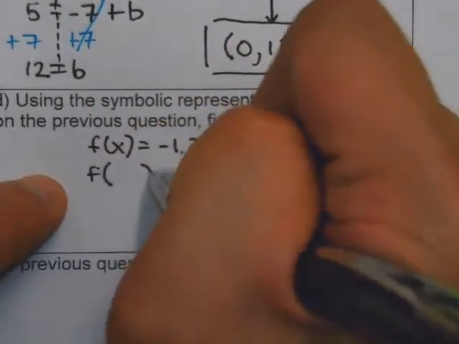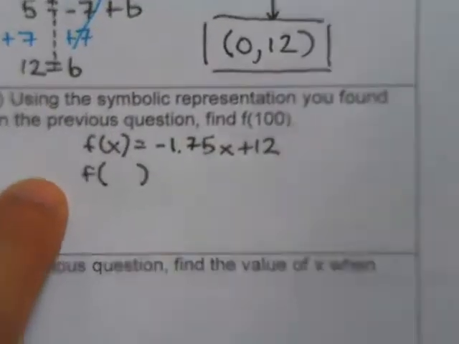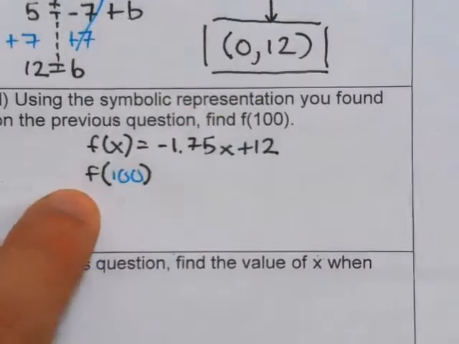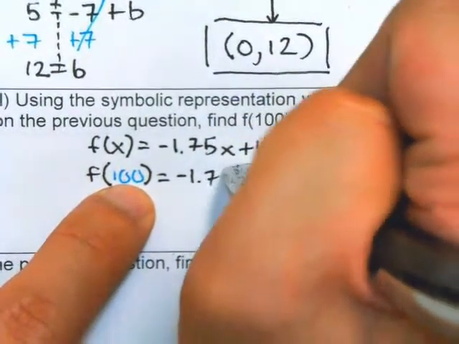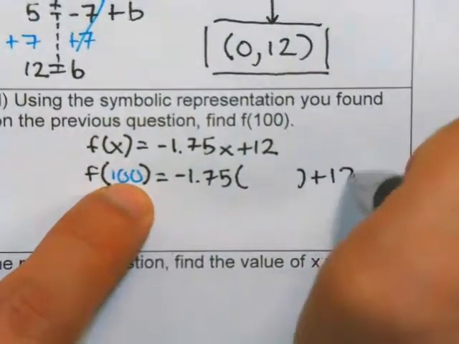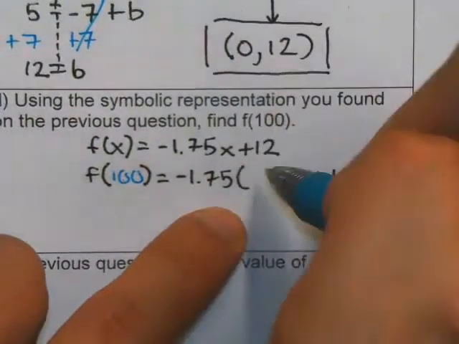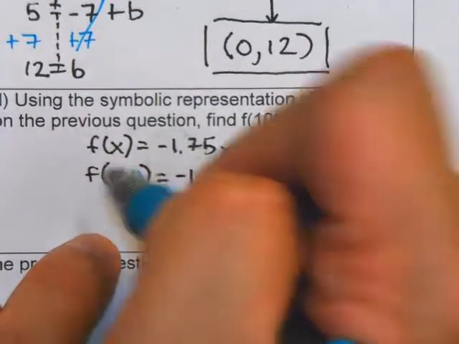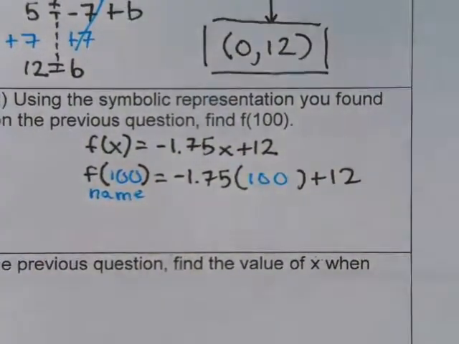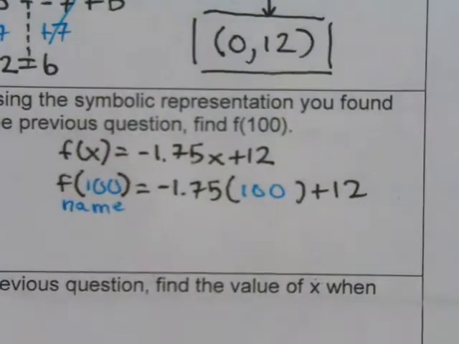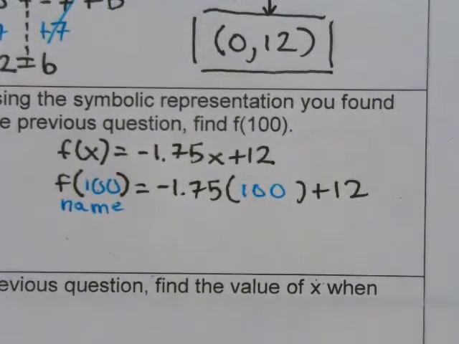So f of 100 is equal to negative 1.75 times 100 plus 12. I want to remind you guys, f of 100 is a name. You plug in 100, and we're going to figure out what the outcome is.